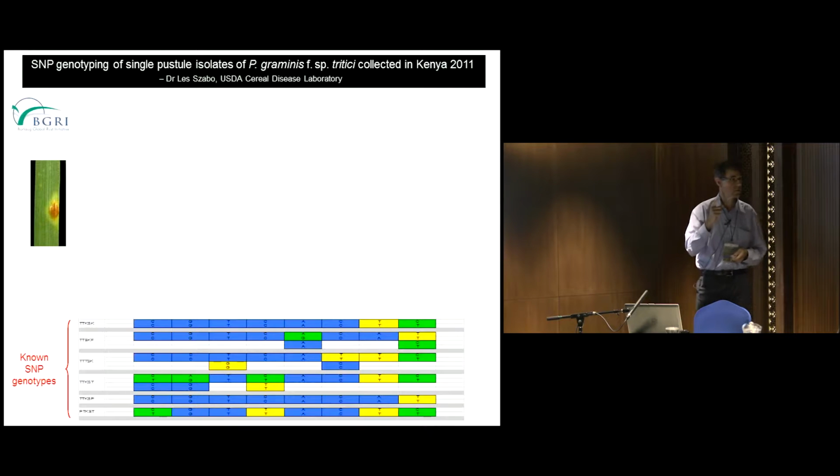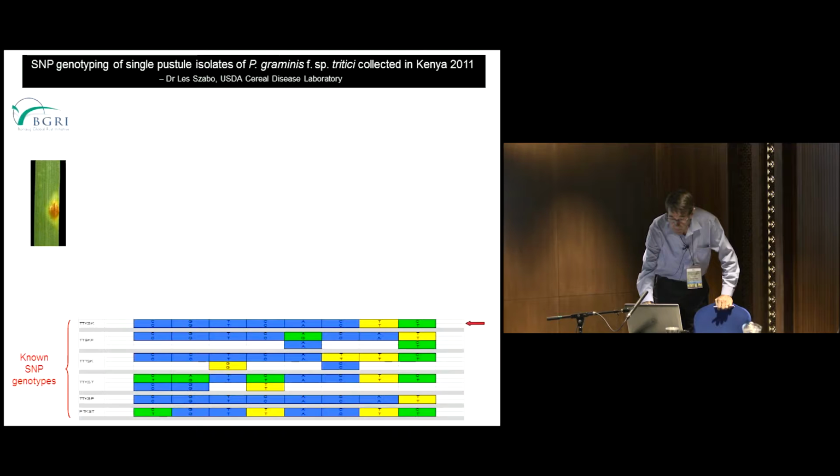So from a single pustule, Les is able to run his SNP markers, and this is just an example of 8 of those SNP markers, and you'll see the different alleles. They're either the T's or the A's, or the C's or the T's. And on that basis, he can identify different pathotypes.